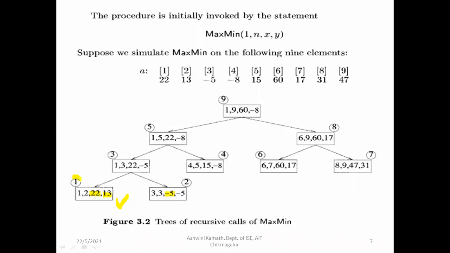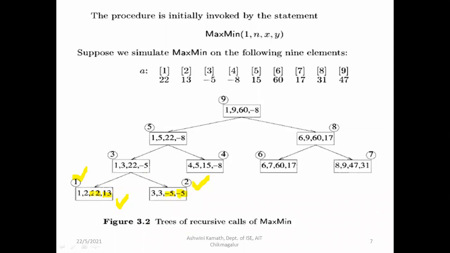This is the first node and this is the second node that gets the values for max and min, in the order of generation. I hope you are getting it. So here 22 will be max and 13 will be min, and minus 5 will be max 1 and minus 5 will be min 1.